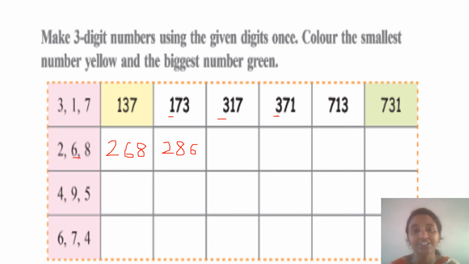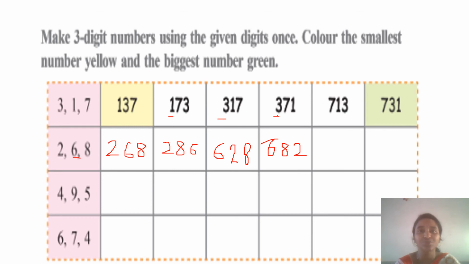So in hundreds place I'll write 6. Next I'll write 2 and 8. Now keeping 6 like that, I'll interchange 2 and 8. So 6, 8, 2.